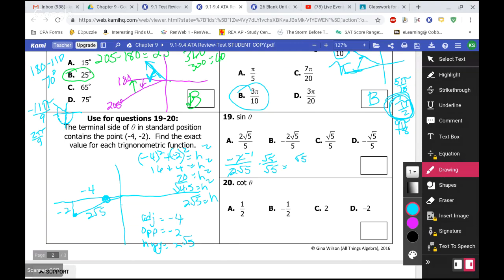So that's √5 over 5, and that's actually negative because I've got this -1 right there. So it is D.